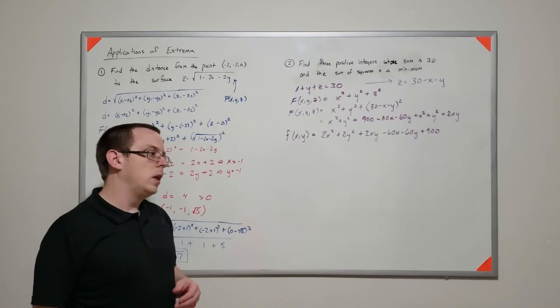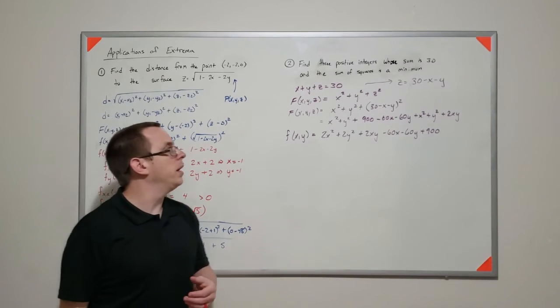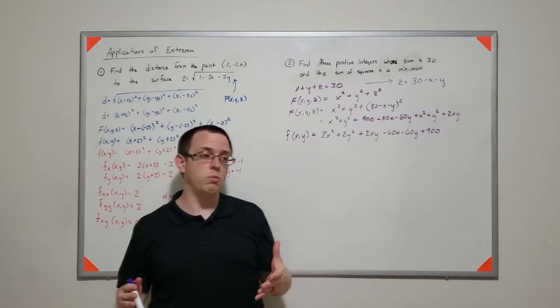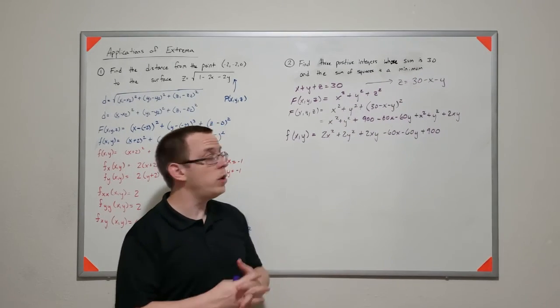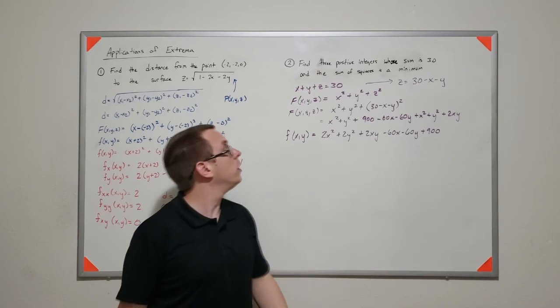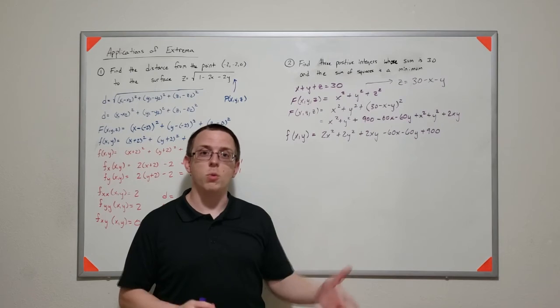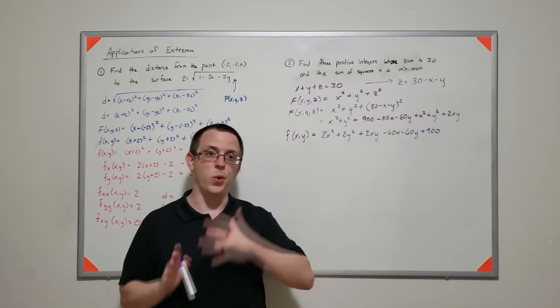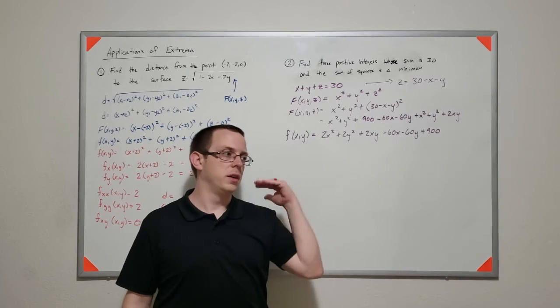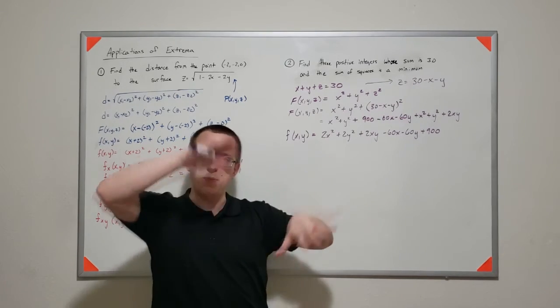Now, I should have said this beforehand, but if we had three positive integers whose sum is 30, you probably recognize that we could have just run through all the possibilities, right? There's 1, 1, 28, 1, 2, 27, 1, 3, 26, and you could keep going.